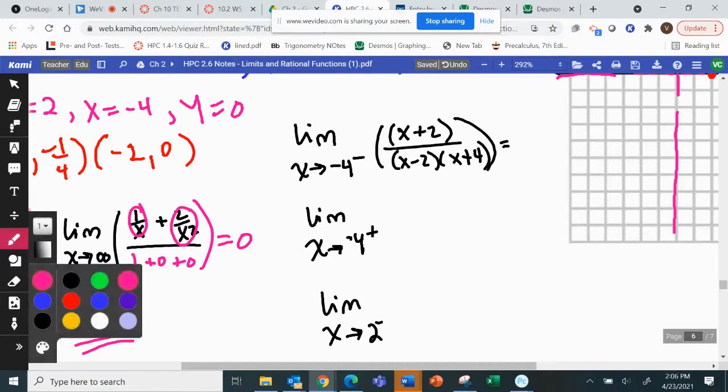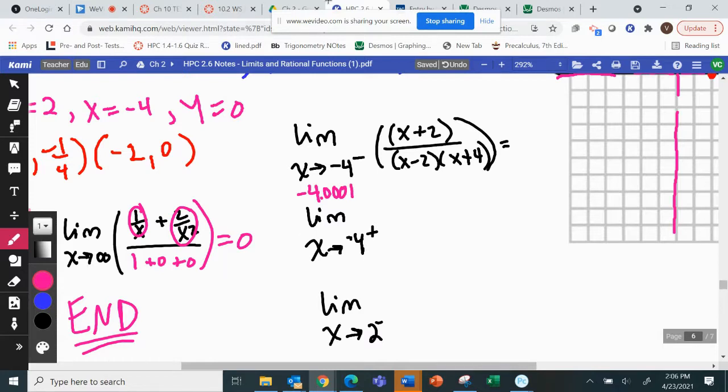So here's where I'm going to use a number that's just less than -4. So -4.0001. On top, that's going to be a negative number. On the bottom, a negative number multiplied by a negative number. So that is approaching negative infinity.